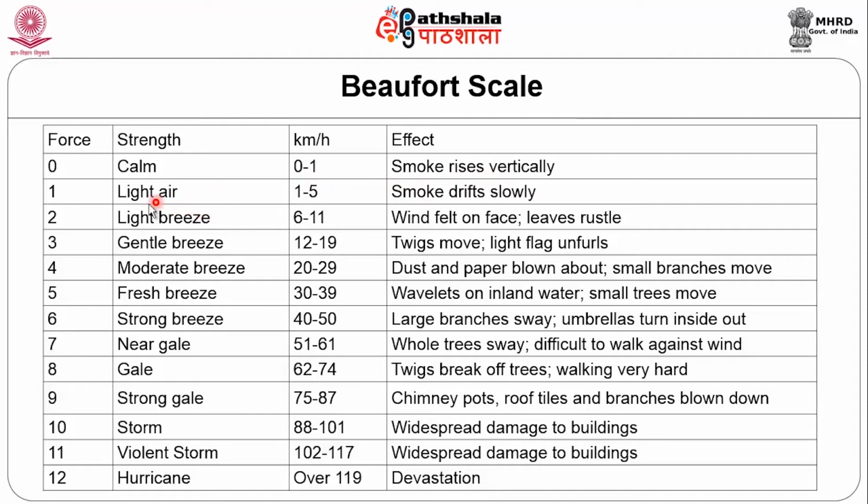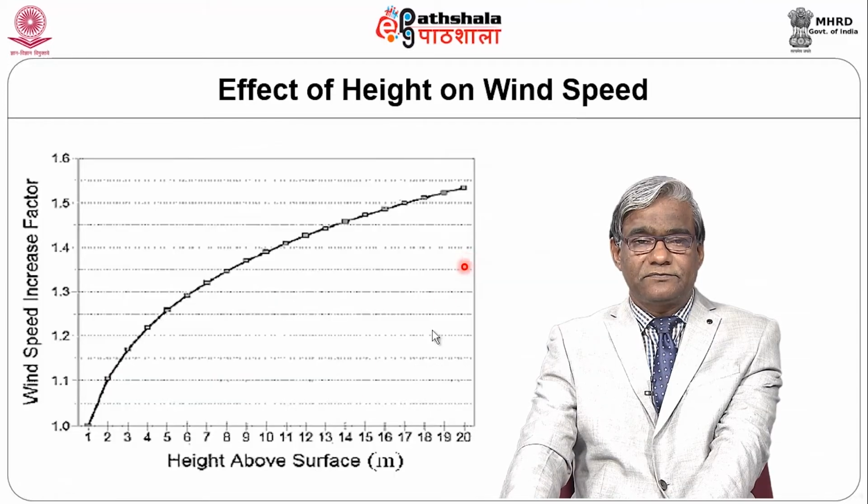Light air is force number 1, with a speed of about 1 to 5 kilometers per hour, and smoke drifts slowly. It goes on like that, with various forces, strengths, speed limits, and their effects.